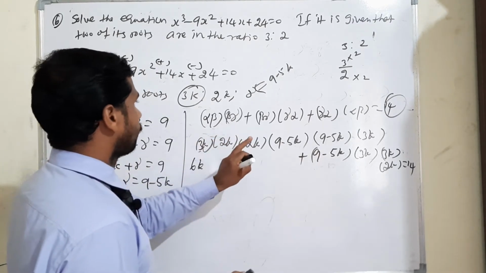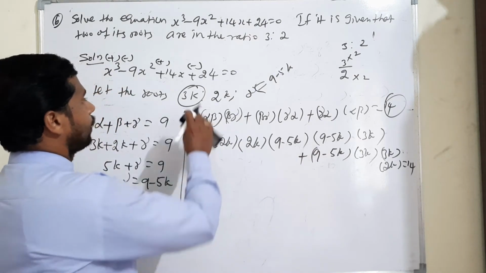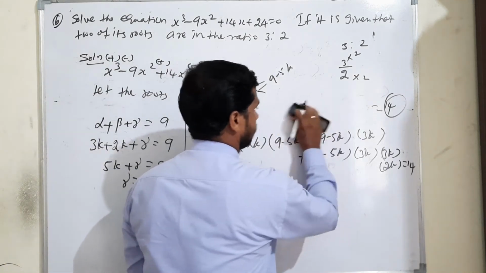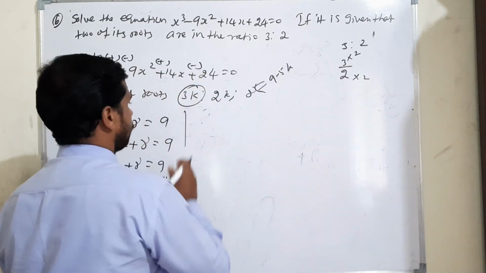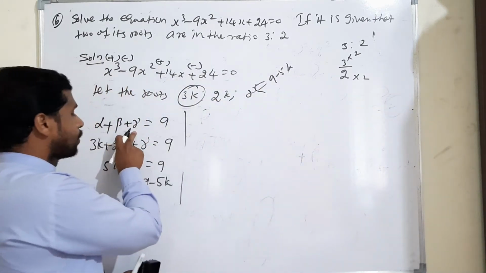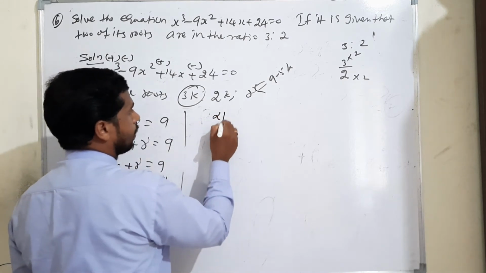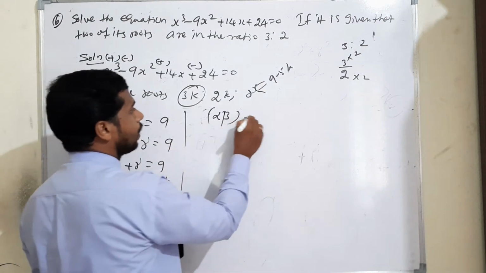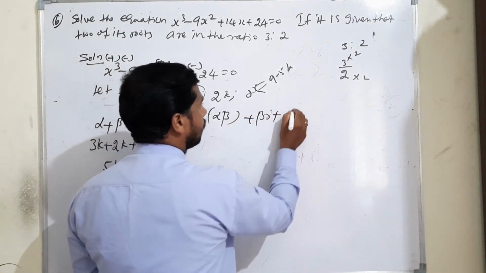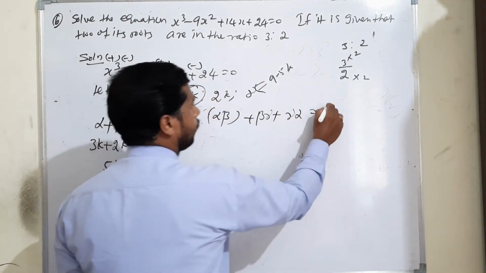This is the sum of the roots taken one at a time. Listen very carefully: sum of the roots taken one at a time. This is the sum of the product of the roots taken two at a time. That is alpha beta, then beta gamma, then gamma alpha is equal to what value? 14.